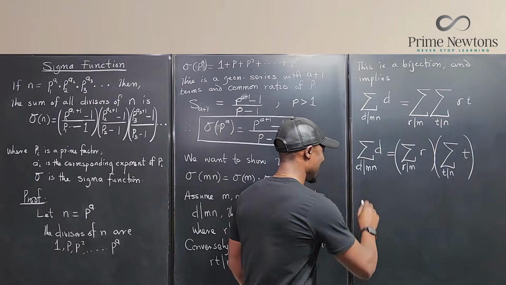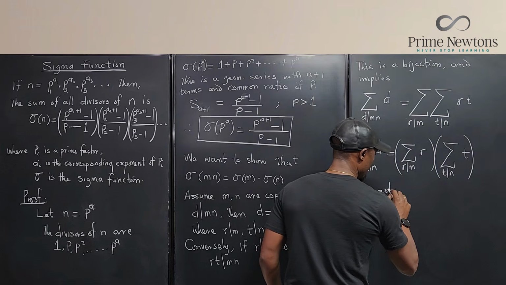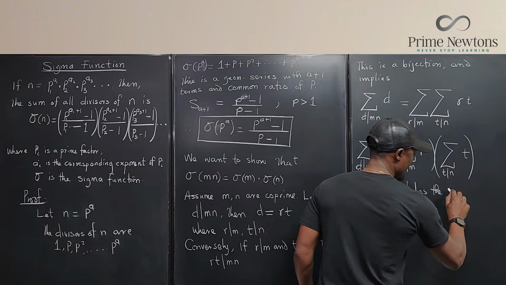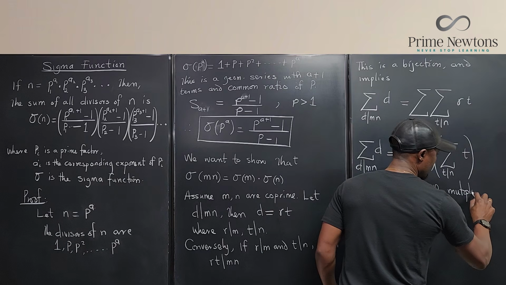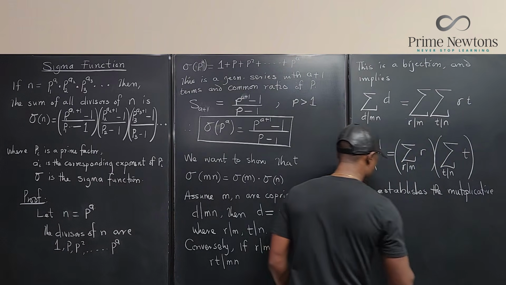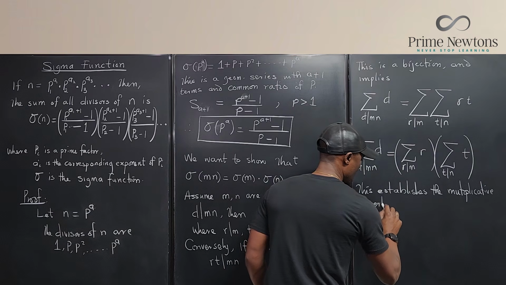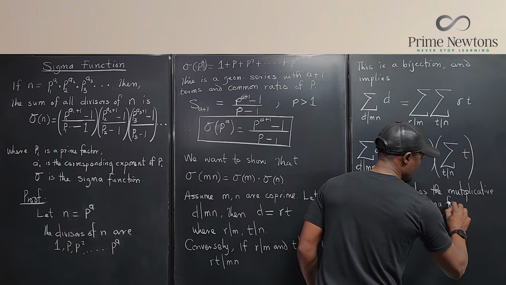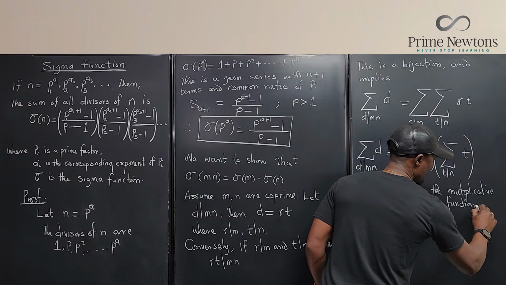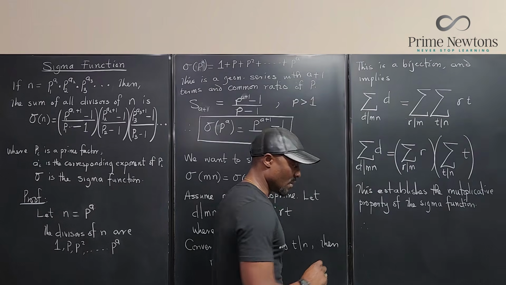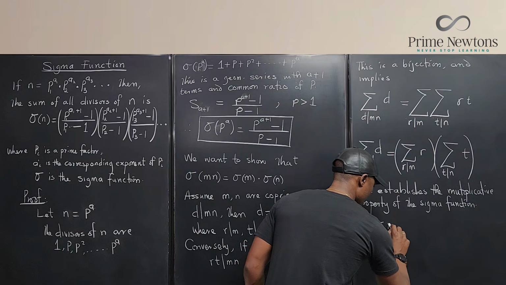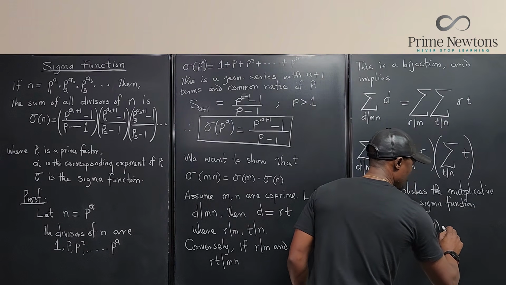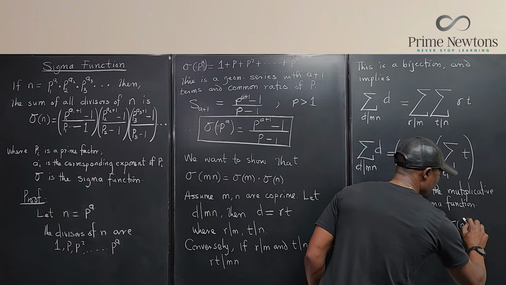But this is it. This establishes the multiplicative property of the sigma function. Therefore, sigma of MN equals sigma of M times sigma of N.